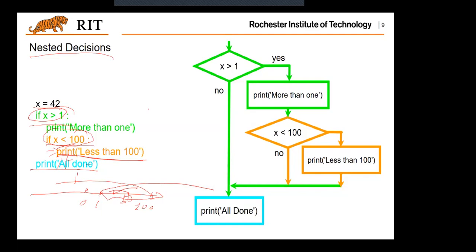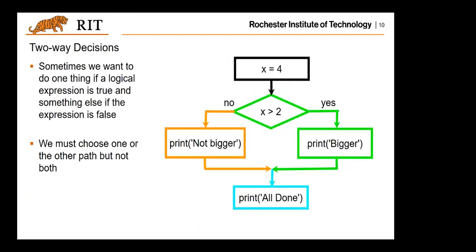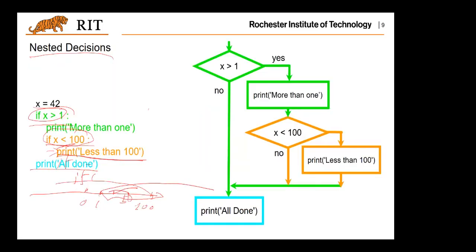You can have a very long chain of nested decisions, which will make the code not that readable. So a better way is to introduce the else if, which I will introduce later. But keep it in mind: you can convert nested decisions to more readable code by introducing the else if.